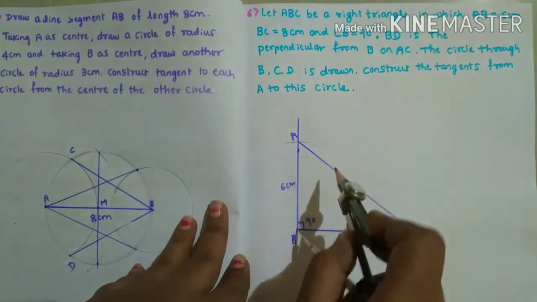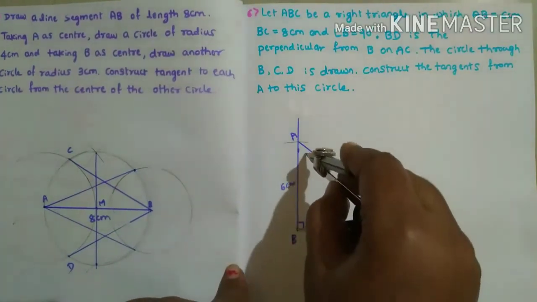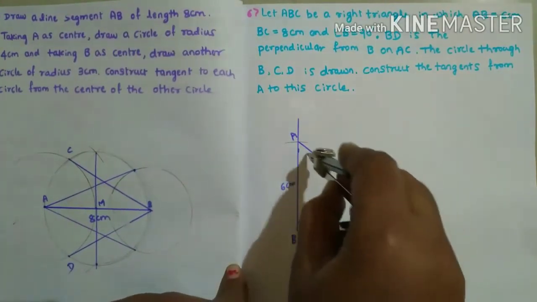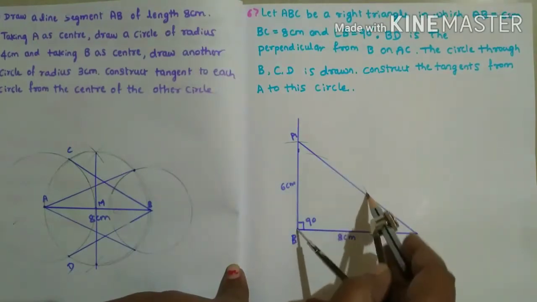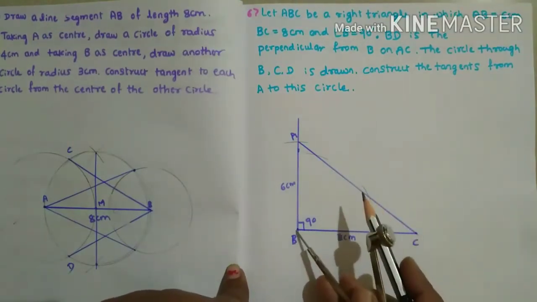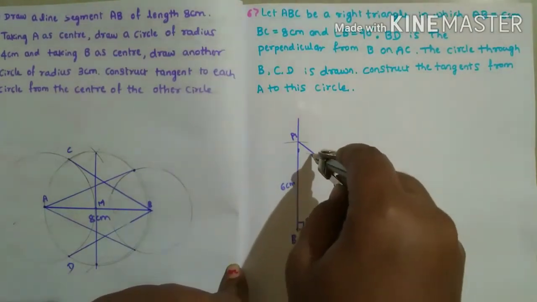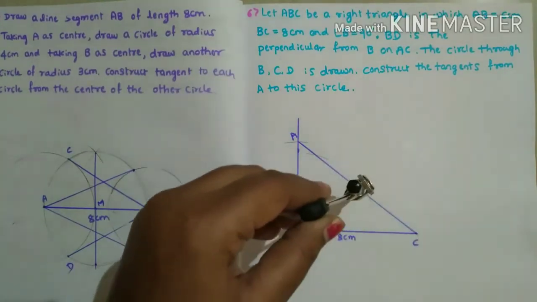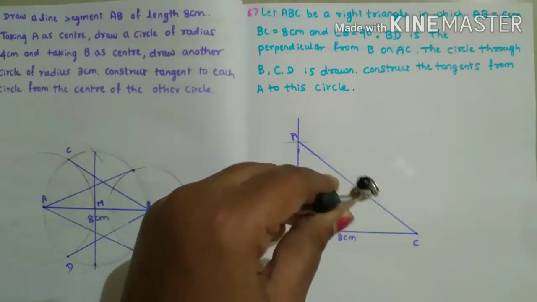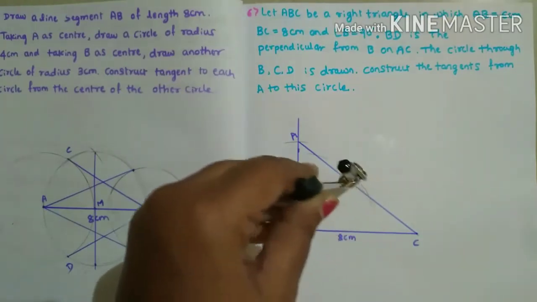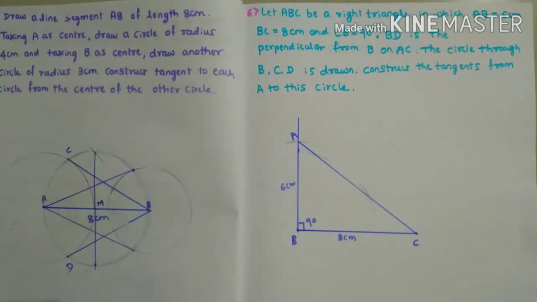Those arcs should intersect the line AC like this, and here one arc I will draw. Don't change this, sorry. One arc I drew here, and without changing it, see, that time it changed. The earlier arc you don't consider.